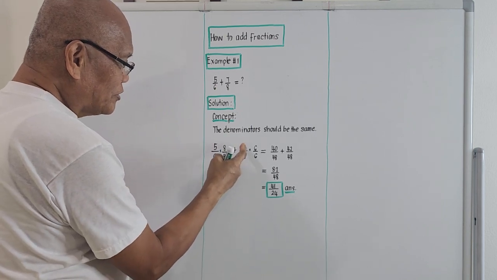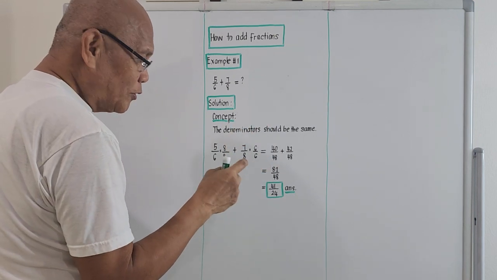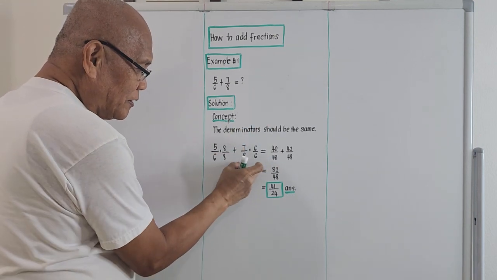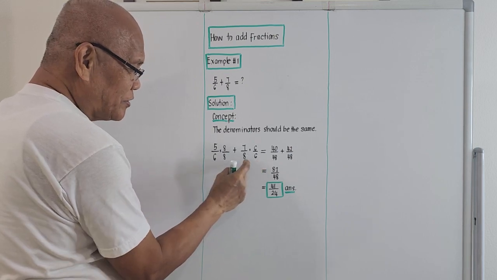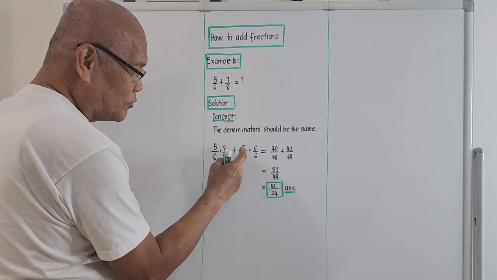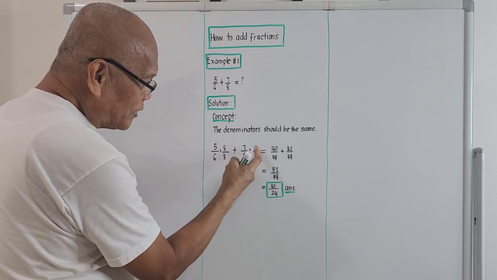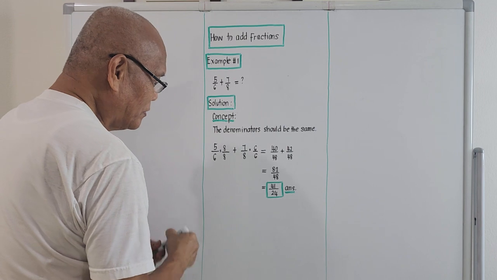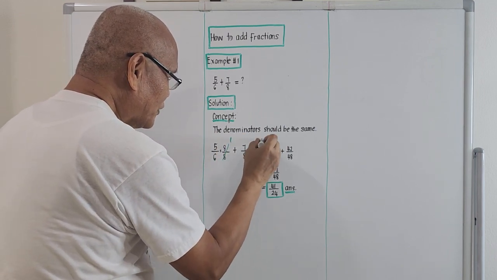For the second one, 7 over 8, think of a number which, if you multiply it to 7 over 8, the denominator will become 48. Since this is 6, you should multiply 7 over 8 by the ratio 6 over 6, because 6 over 6 is actually 1. This is 1, this is 1.